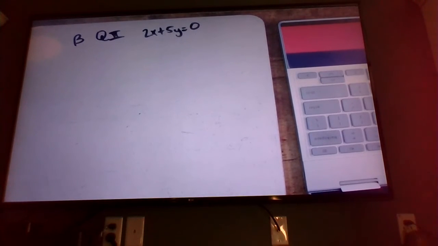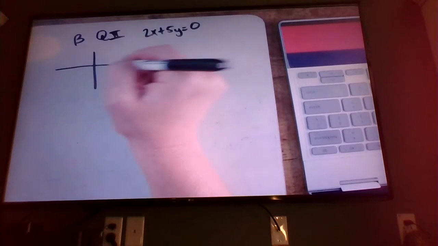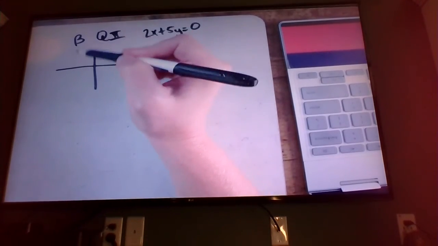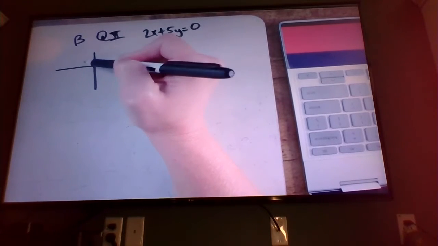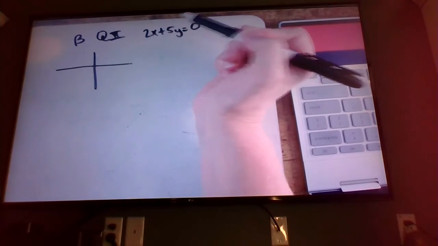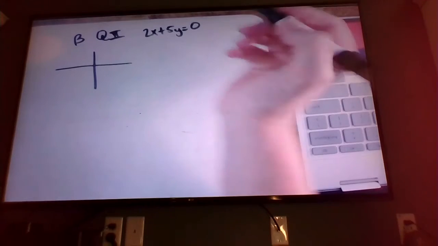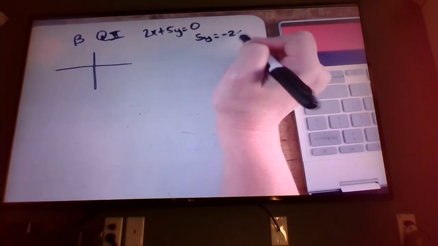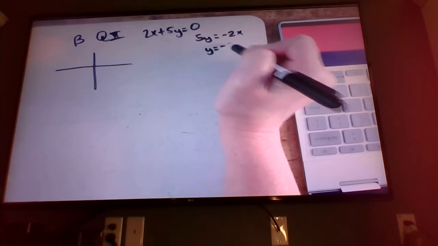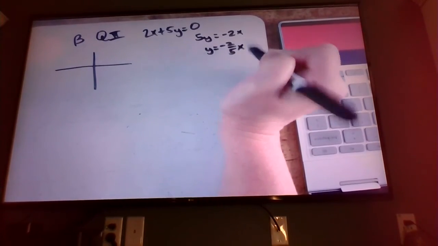Well, in order to do that, we have to actually find them. So let's draw this out a little bit. We know that it is in quadrant 3, so it's here somewhere, and it lies along this line.